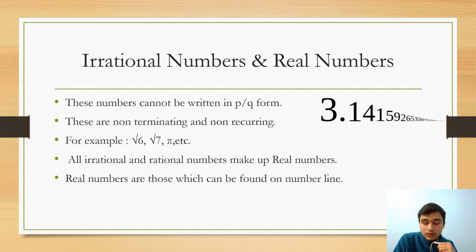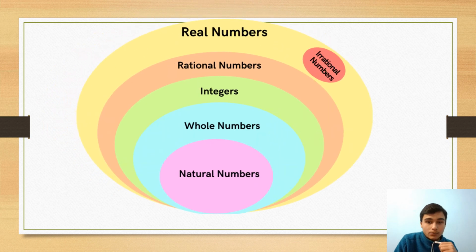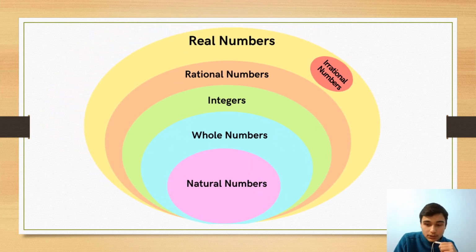Now to understand it better, let's go to the next slide. As you can see, first come natural numbers, then whole numbers, then integers, then rational numbers, and then real numbers. And real numbers also include irrational numbers. If I talk about natural numbers, it is 1, 2 till infinity. Sorry for my wrong writing.